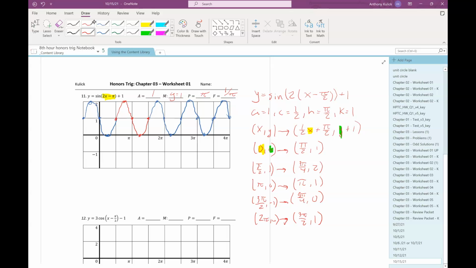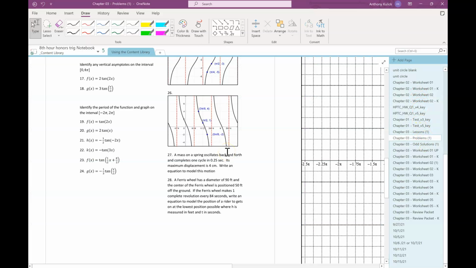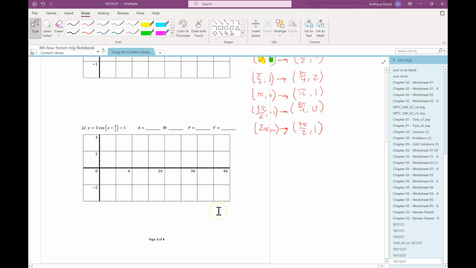Blake. Okay, so for numbers 25 and 26, it says identify the function rule based on the given graph. What do you mean by the function rule? 25 and 26. It's in the problem set. Did I mean to assign those yet? Oh yeah, sure. Let me go grab that real quick.